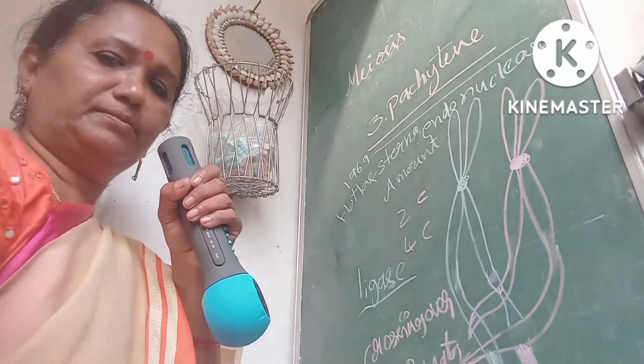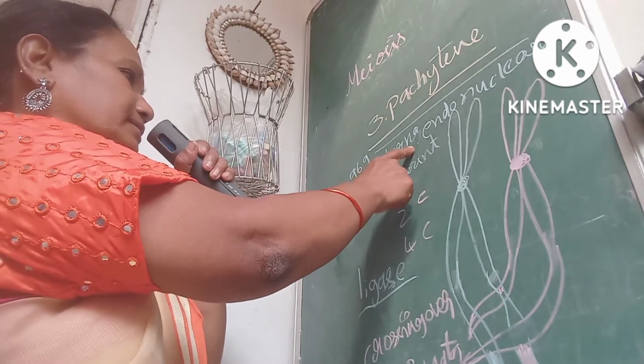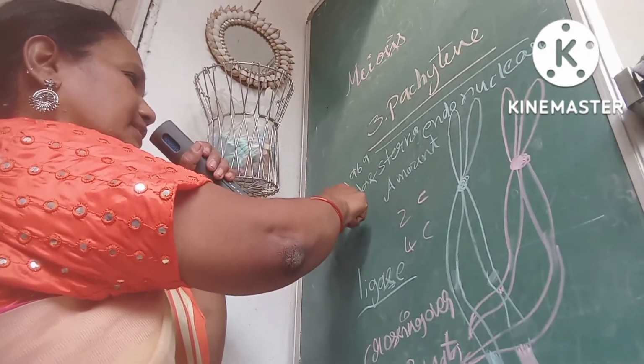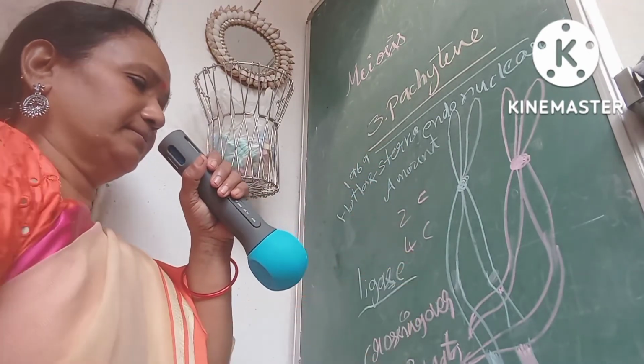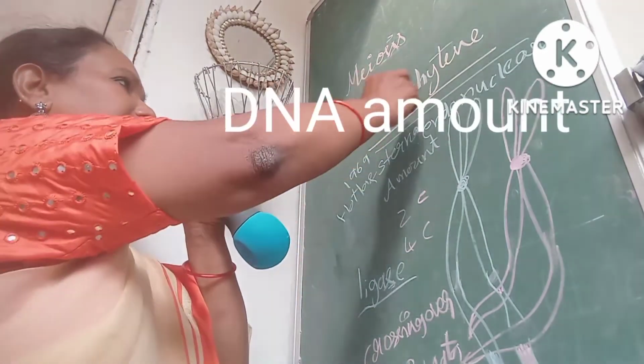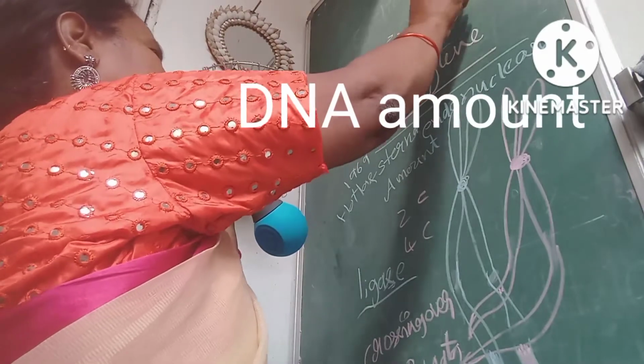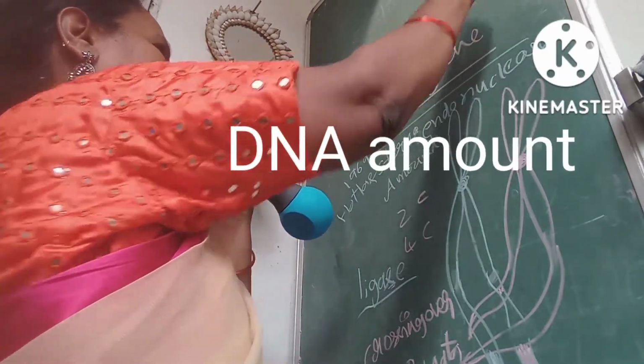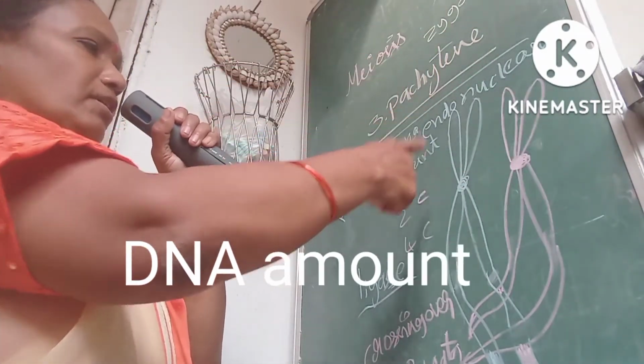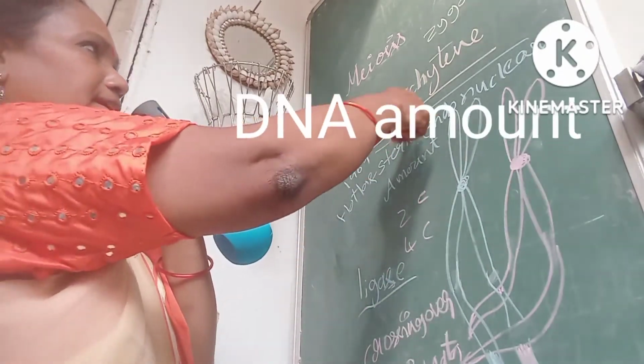Stern and Hotta, both in 1969, reported that in the pachytene stage and zygotene stage, a small amount of DNA formation takes place.